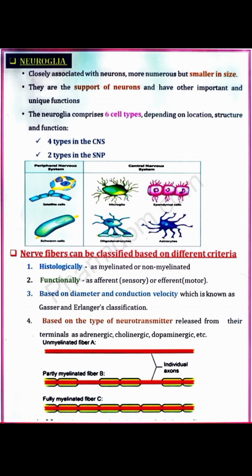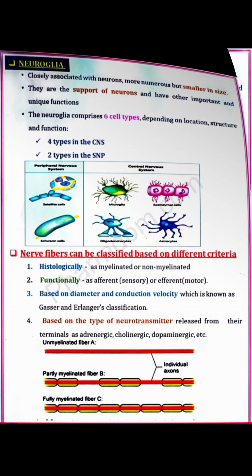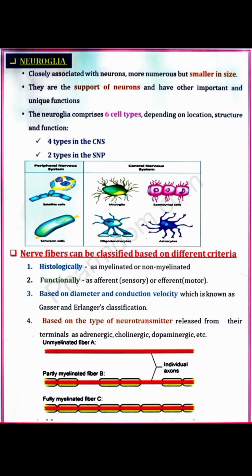Nerve fibers can be classified based on different criteria: histologically, functionally, based on the conduction velocity, and based on the type of neurotransmitter. First type, histologically, as myelinated or non-myelinated. Second one, functionally, as afferent, meaning sensory, or efferent, meaning motor.